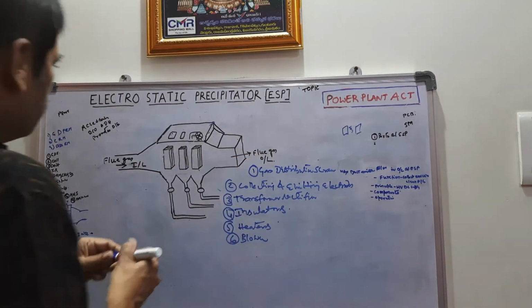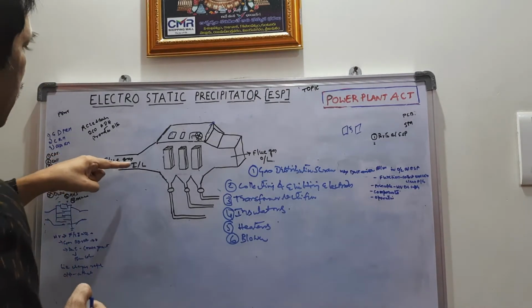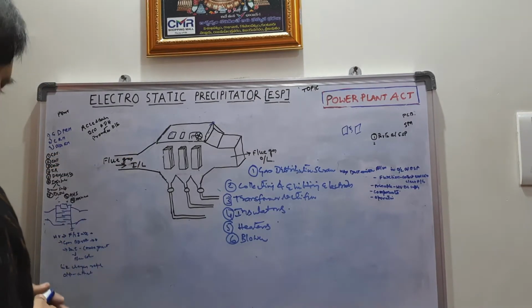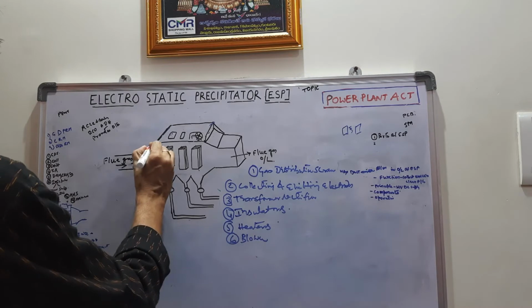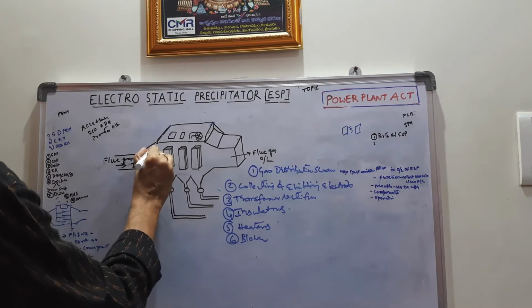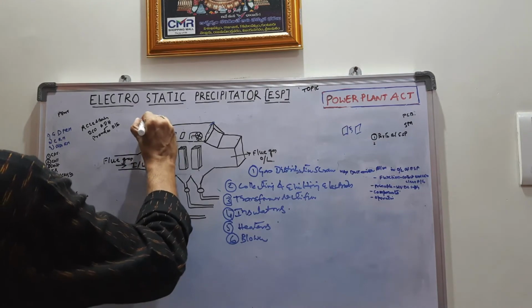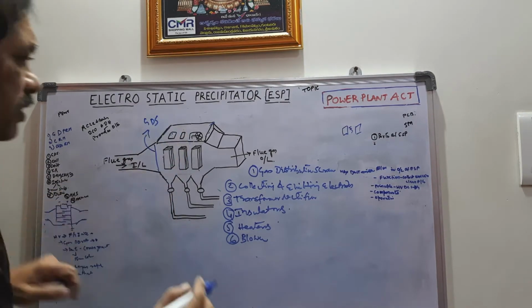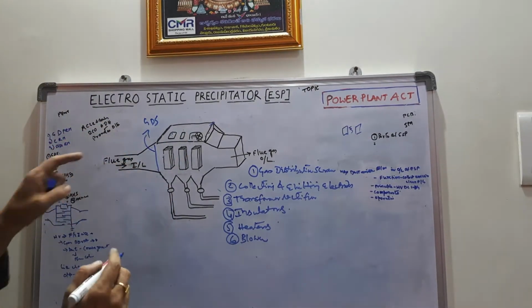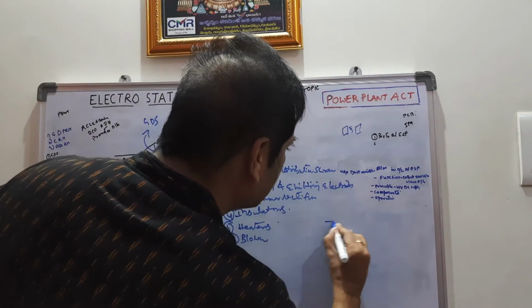Okay. When flue gas passes the inlet of the duct of ESP, there is one screen provided just after the duct. This is called the gas distribution screen. The construction of this gas distribution screen is like this.